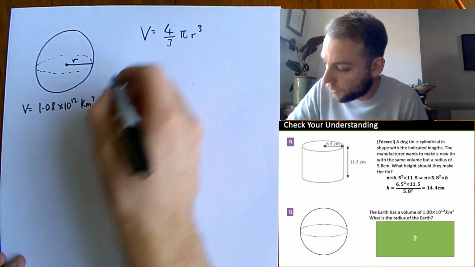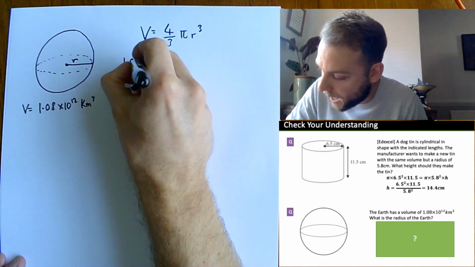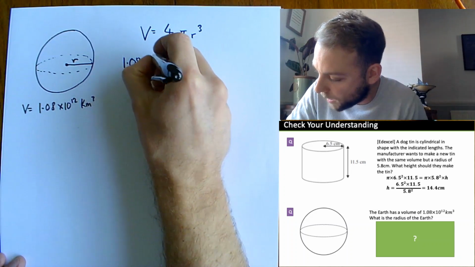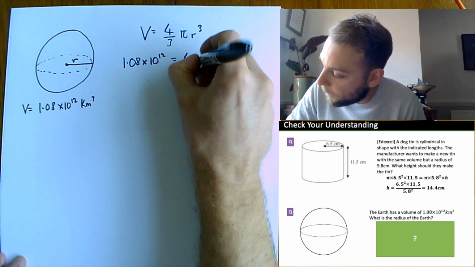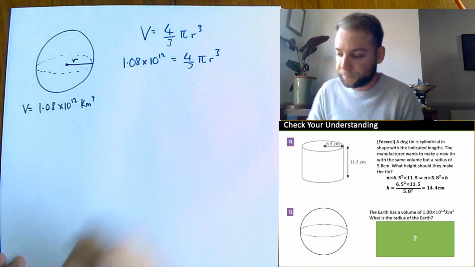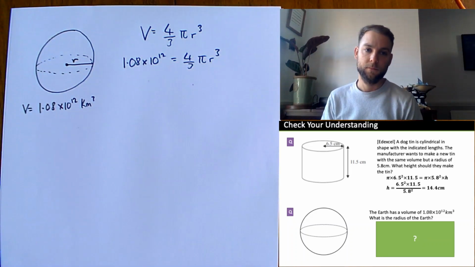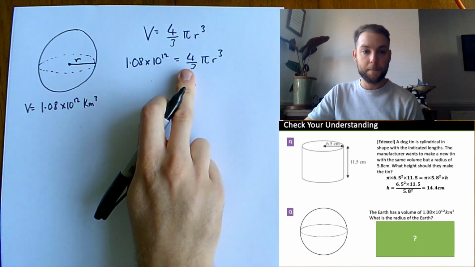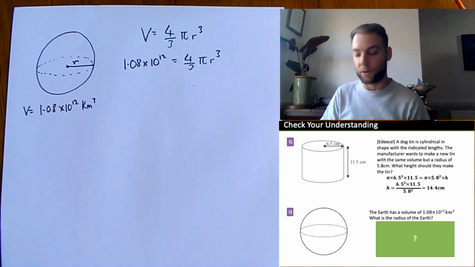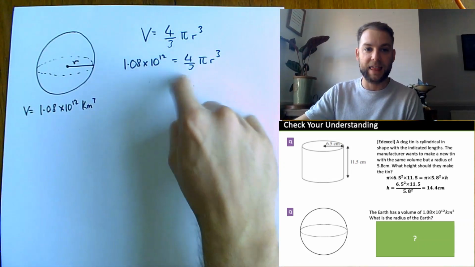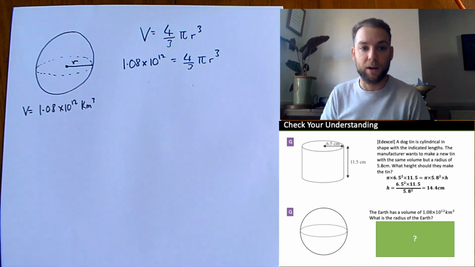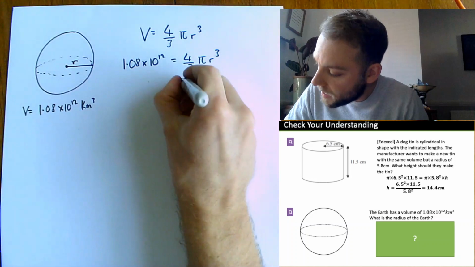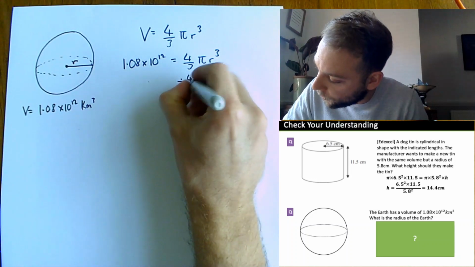When I'm working backwards, it's going to be 1.08 times 10 to the 12, substituting in, is equal to 4/3 pi r cubed. So I've substituted in. I'm now going to solve to work backwards. I'm going to get rid of all of this at the same time because it's that times by that times by that. So I can just divide by all of that. So I'm dividing by 4/3 pi.